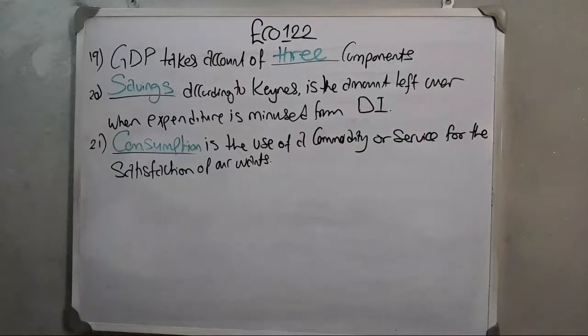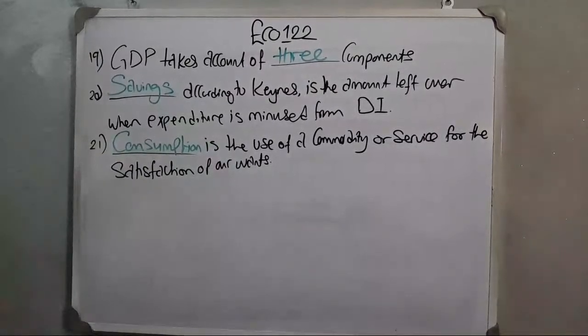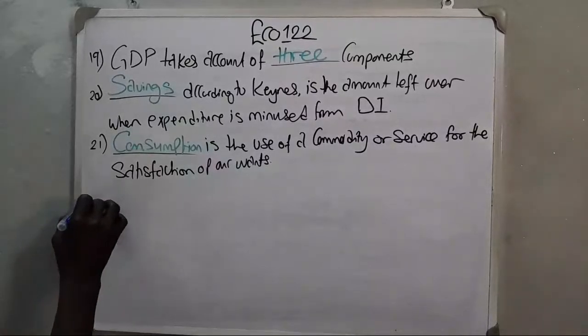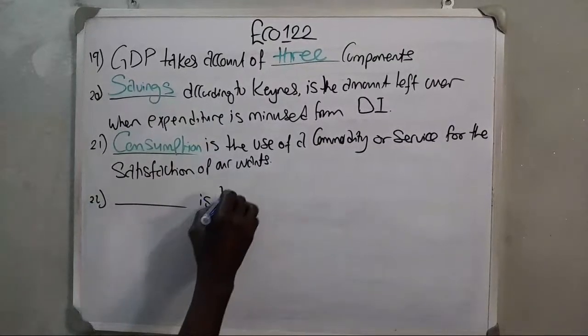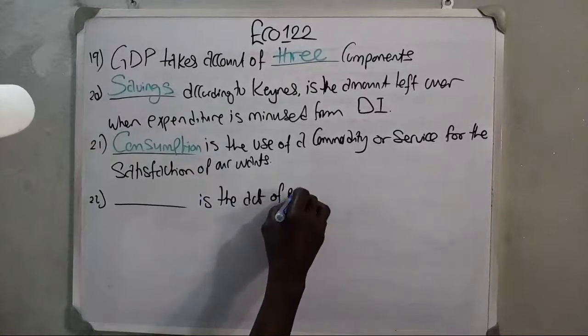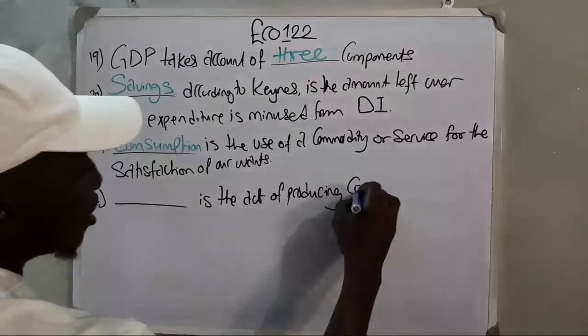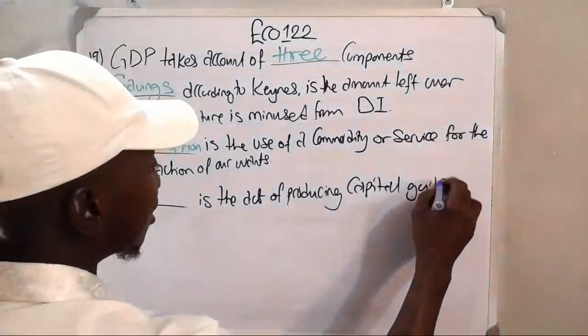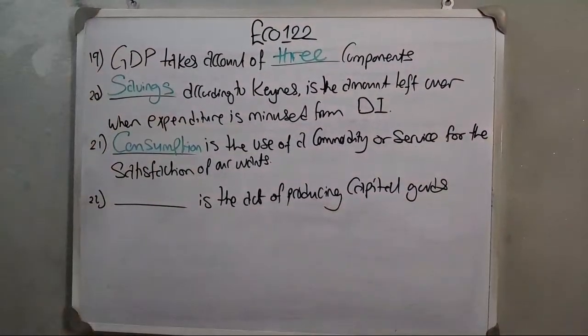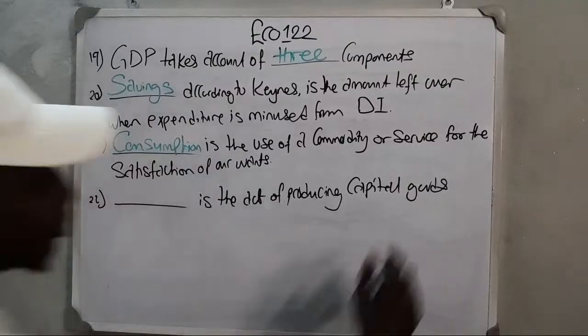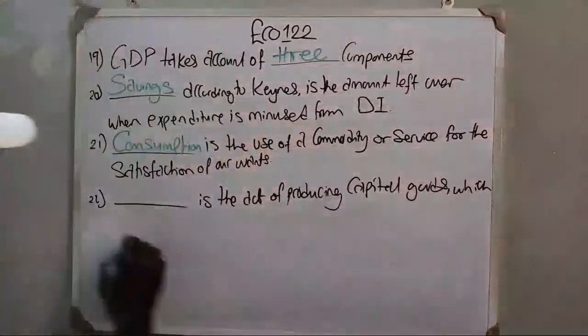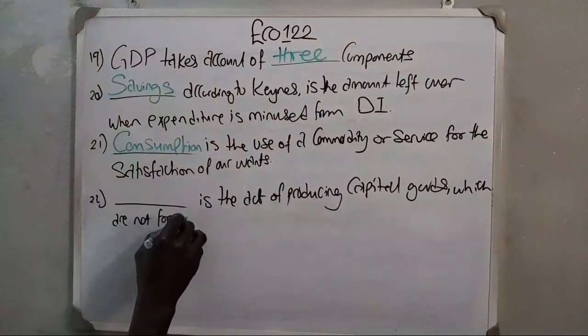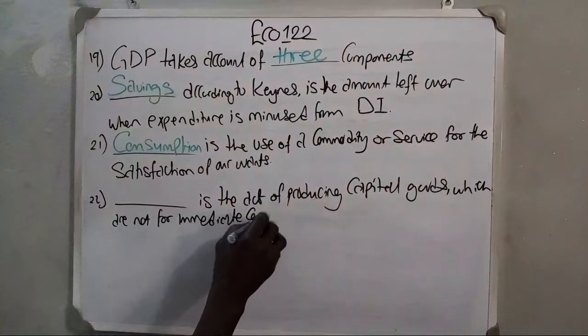Now let's take this question. Dash is the act of producing capital goods which are not for immediate consumption.